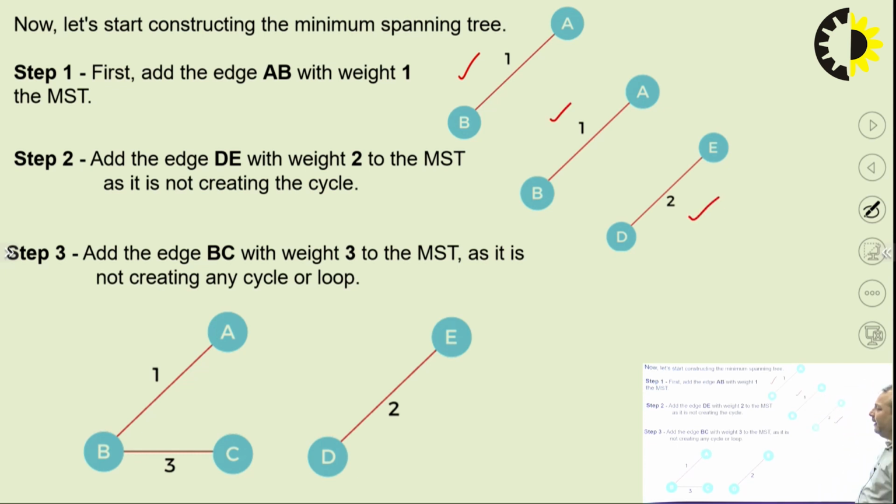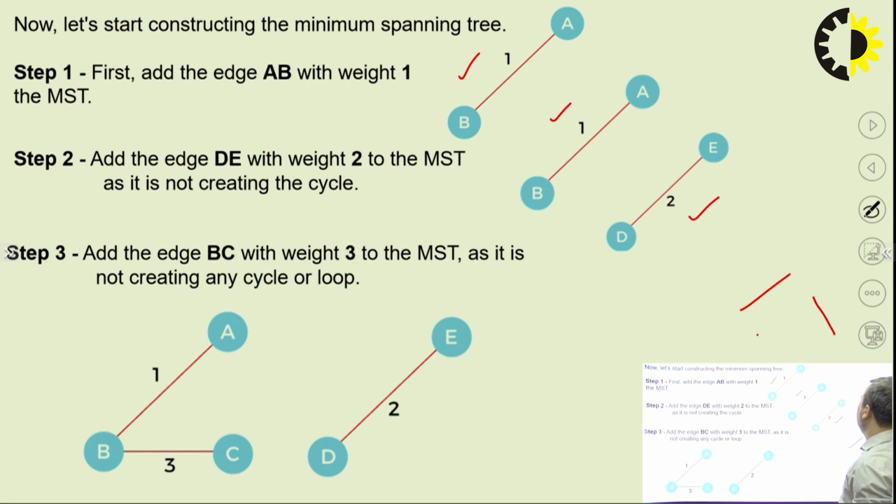So you can identify the difference: in Prim's algorithm we start from the vertex, but in this Kruskal algorithm we start from the edge.